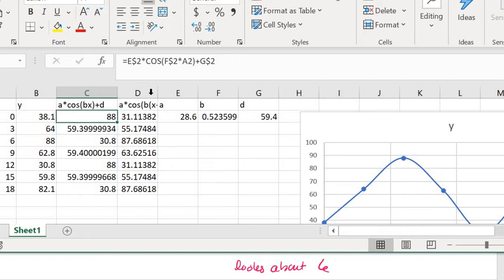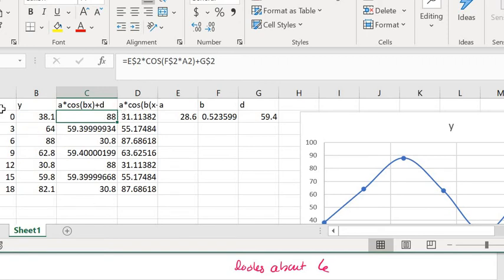All I did is plug in A, which is in E2, cosine B, which is in F2, times the X value, which is in A2, and added the D, which is the 59.4 in G2. Notice that all the parameters, like in the old days, have dollar signs on them because I don't want those to scroll. I only want the X to scroll.